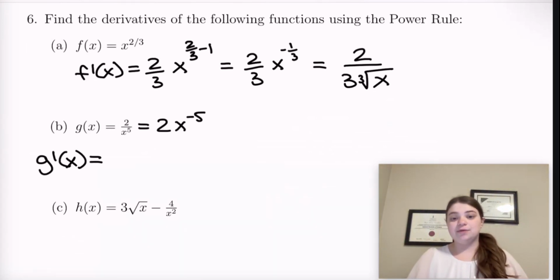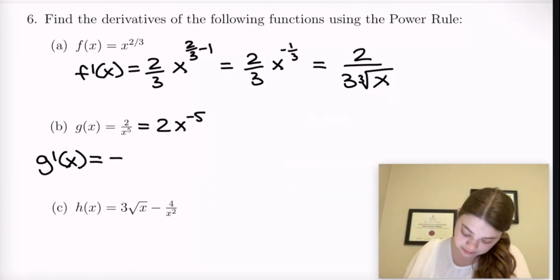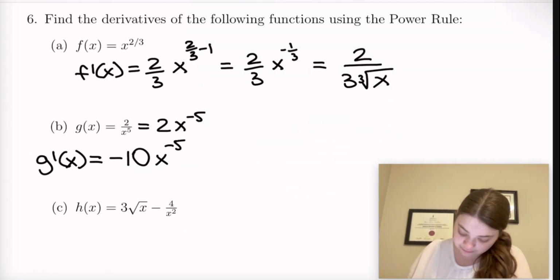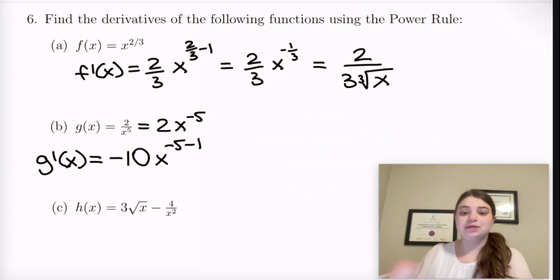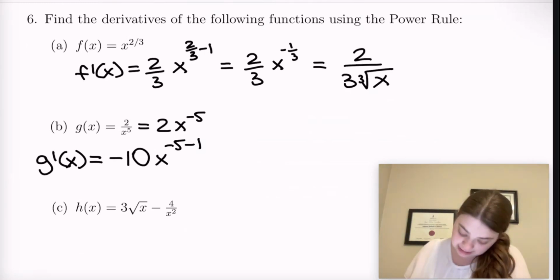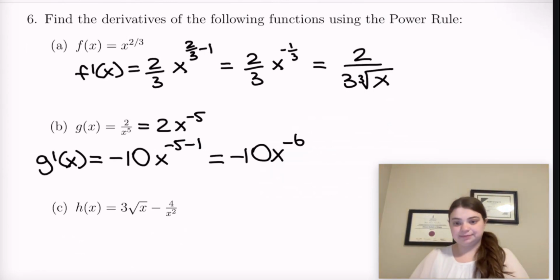So we've got to multiply it with the current coefficient of 2. And 2 times negative 5 is negative 10. So we'll get negative 10. And then we'll have x to the power of negative 5 minus 1, because we lower the exponent by 1. And then that's going to be negative 10 x to the power of negative 6.